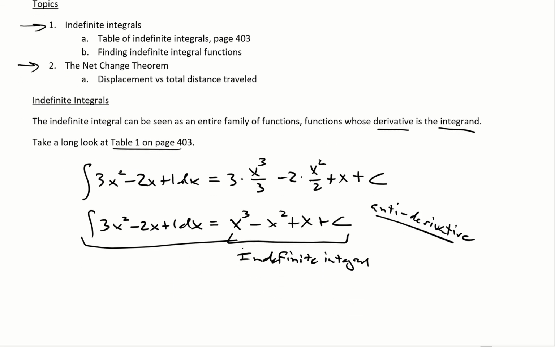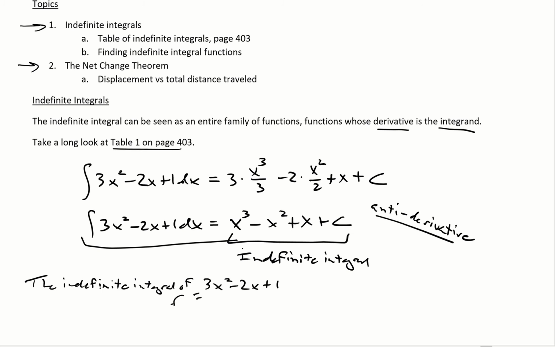The indefinite integral of, what am I using shorthand for? This is important. The indefinite integral of 3x squared minus 2x plus 1. And I can call him a name if you want.